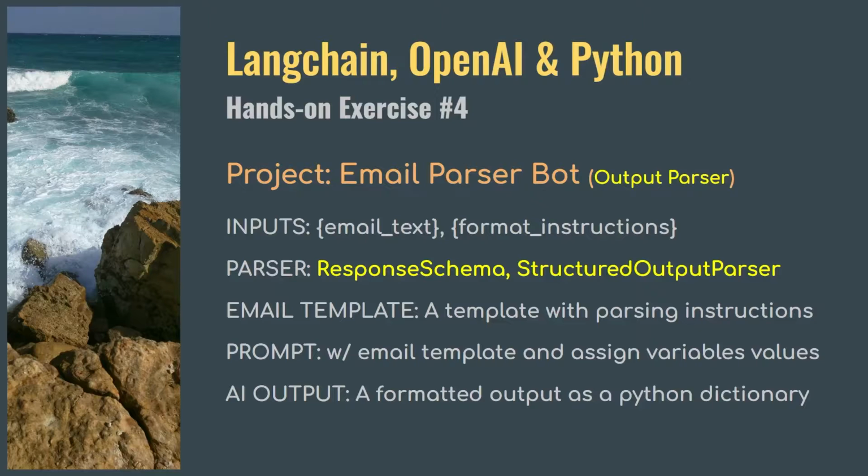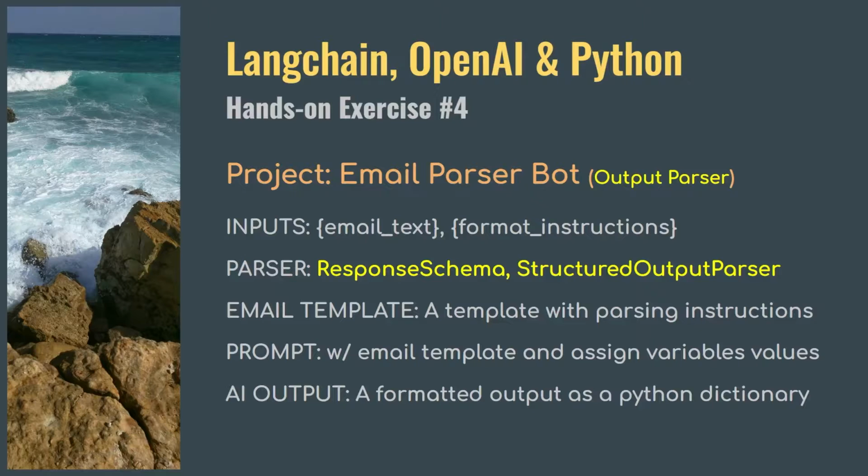Here, we take one input from the user, which is an email text, and we create our format instructions according to our output need using LangChain parsers. In this case, they are ResponseSchema and StructuredOutputParser from LangChain.